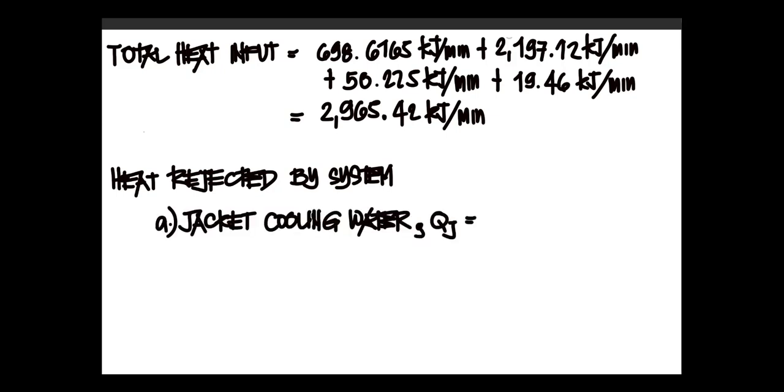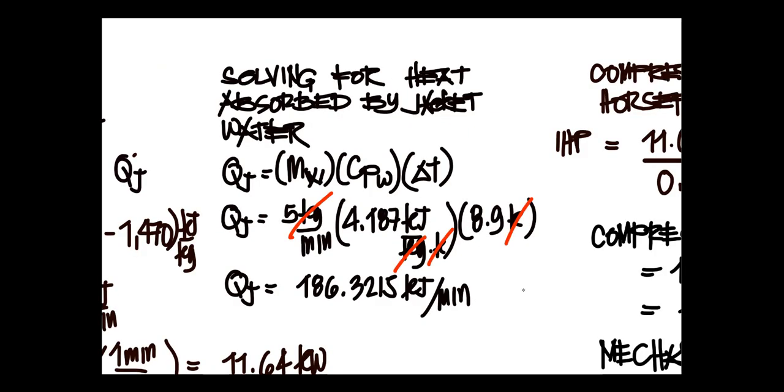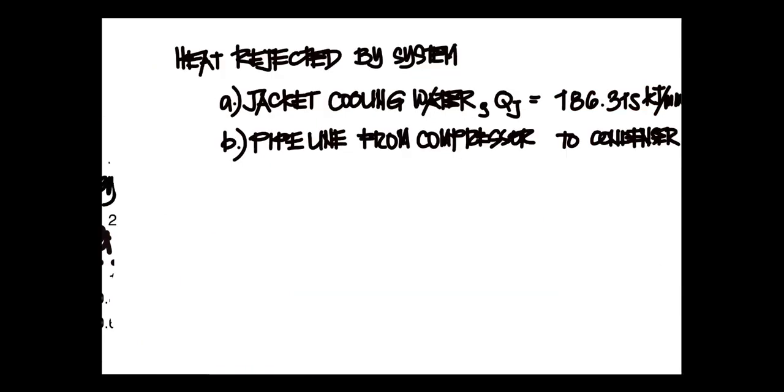Now for the jacket cooling water, let's review our solution previously. So we have 186.3215. Then next we go to find the heat rejected in the pipeline from compressor to condenser.